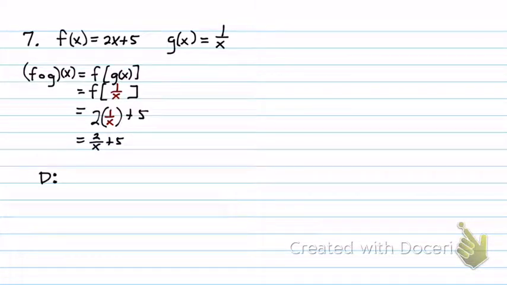Think about what the domain would be. Now here we want to look at g first. That's this function here. Notice x can be anything except 0, and that's also true here. So that is going to be our domain.